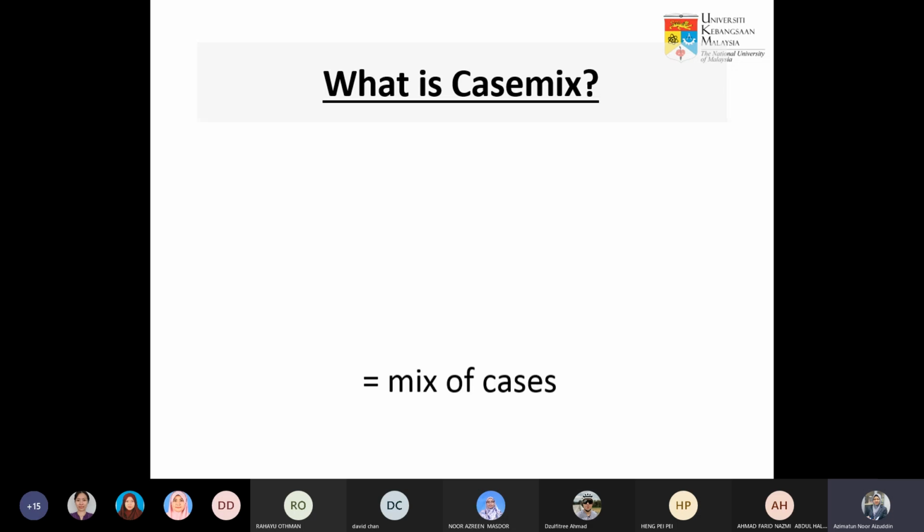So what is Casemix? Casemix, as the name says, is a mix of cases. That is the simple meaning of Casemix.